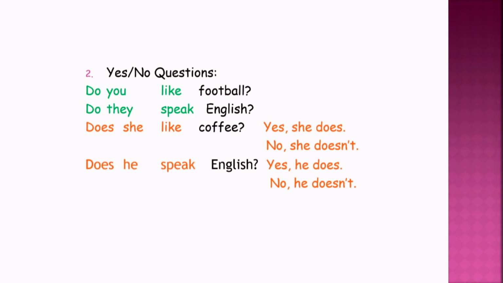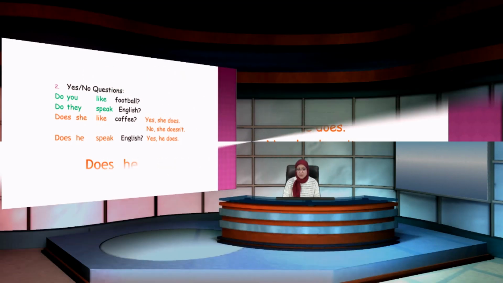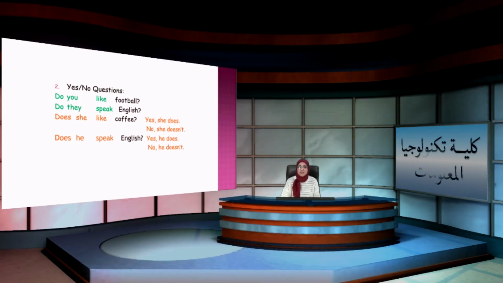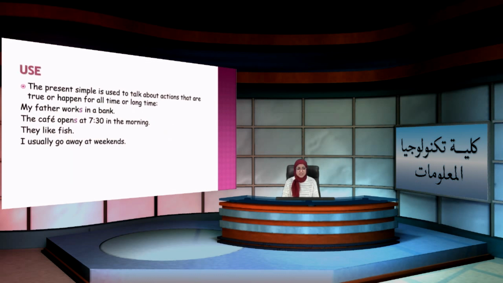But with yes/no questions, you are going to answer with either yes, followed by a positive complementation, or no, followed by a negative one. For example, do you like football? You are going to answer with either yes, I do, or no, I don't.